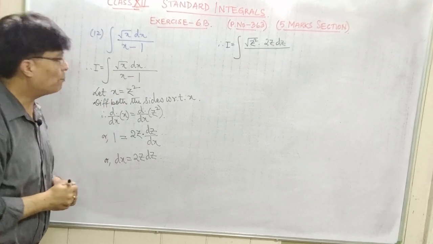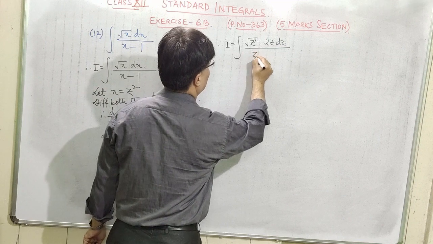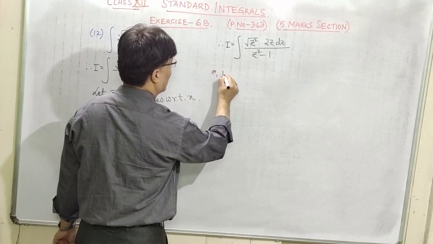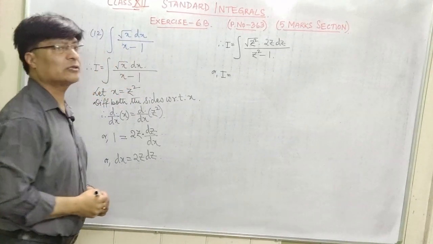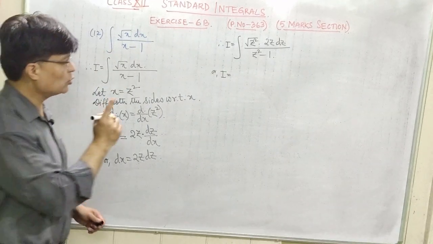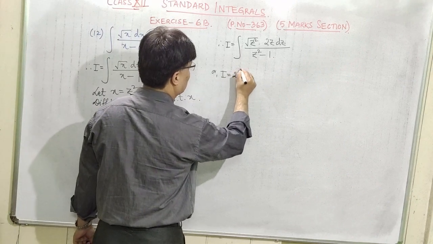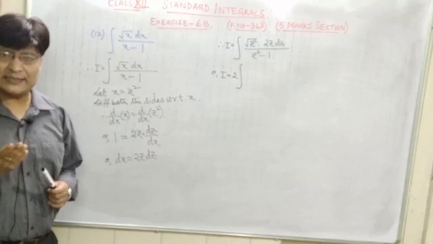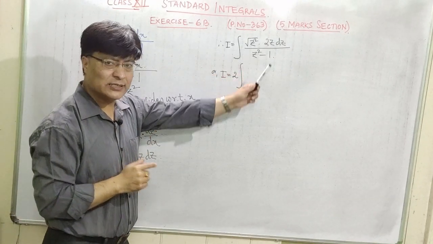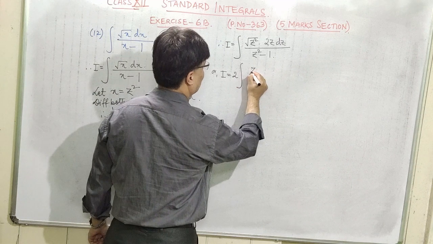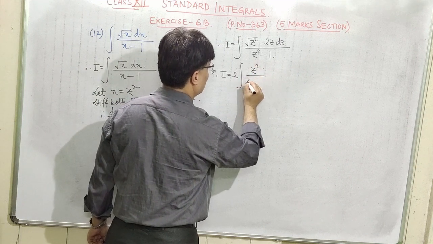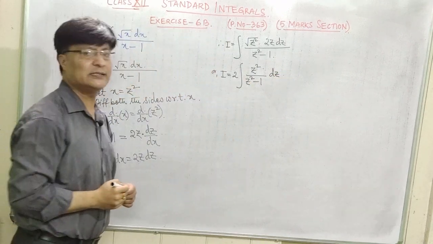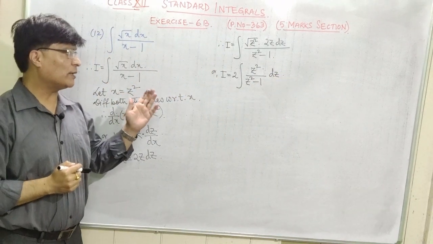Then you should write minus 1. So it is z square minus 1. Okay. So I is equal to, which constant is taken outside? 2 is a constant in this case. It is taken outside. Integration of, what is root over z square? Z. Root over z square is z. Z into z is z square. So this is z square divided by z square minus 1 dz.